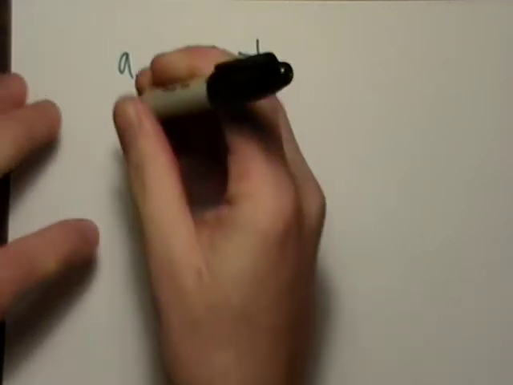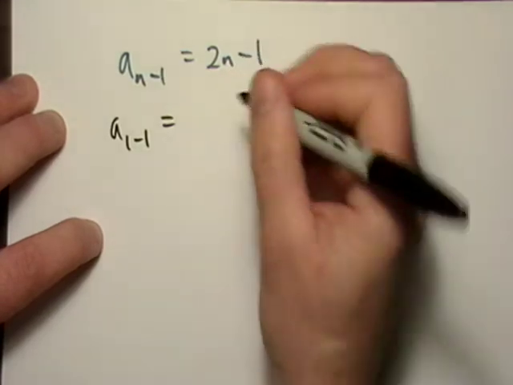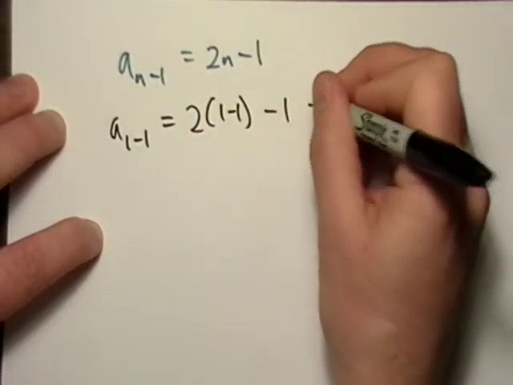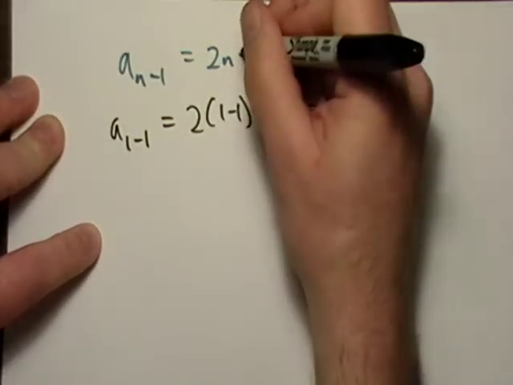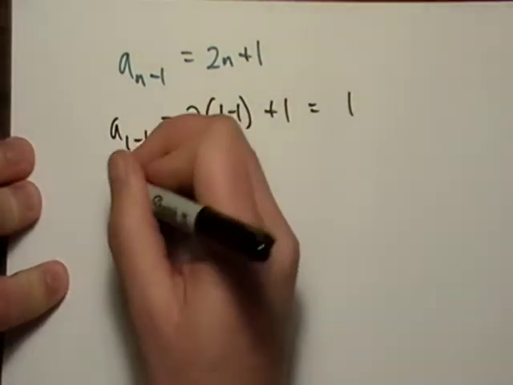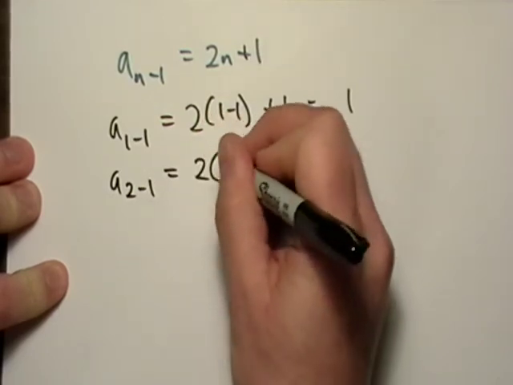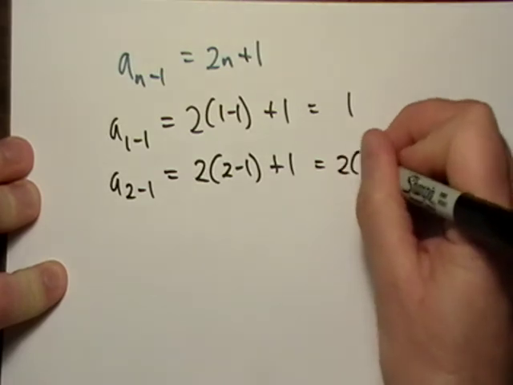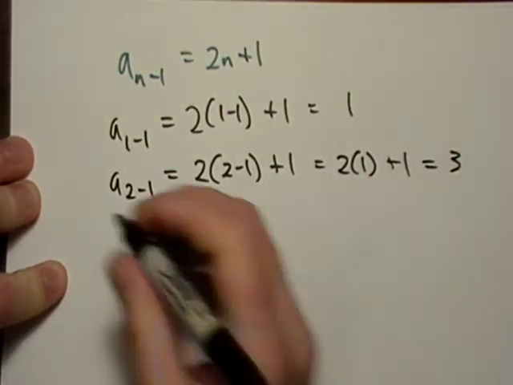Actually, you could just do it like this: 1 minus 1, which equals 0, oh no, never mind, that's plus 1. Sorry. And that equals 1. You could go, same thing, 2 minus 1 plus 1. That just equals 2 times 1 plus 1 equals 3.